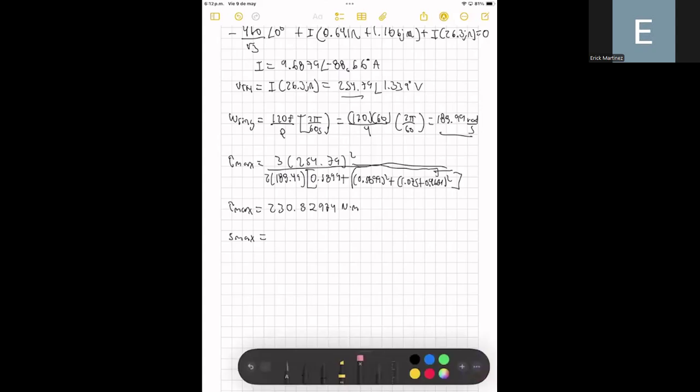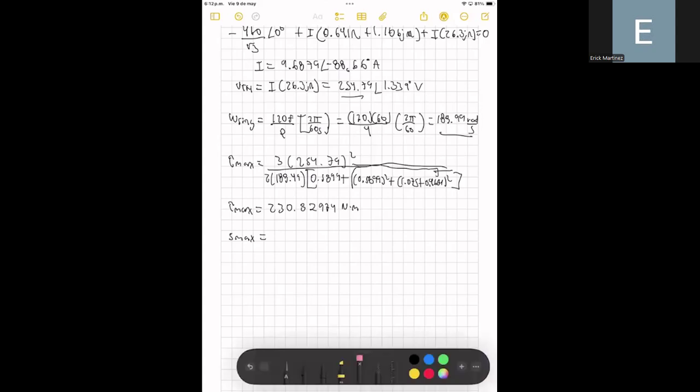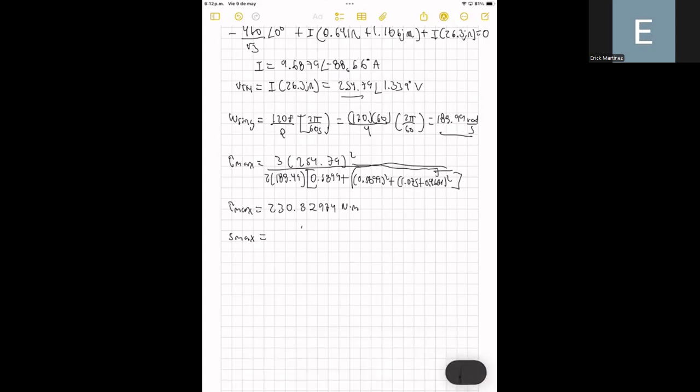We have R2 divided by the square root of RTH, the real part of the Thevenin impedance, squared plus XTH plus X2, squared.